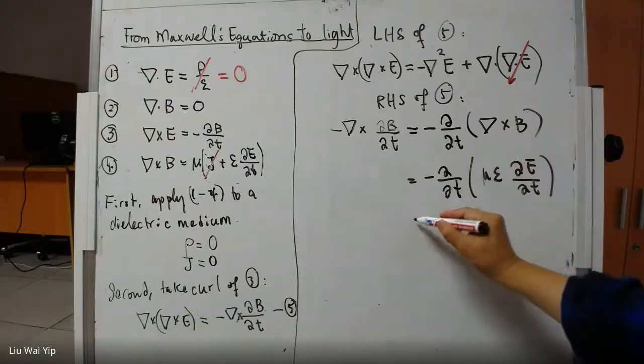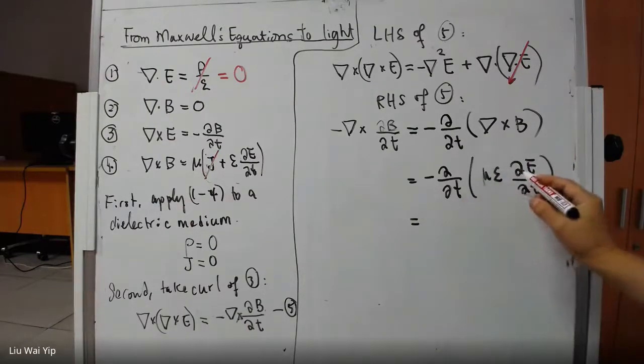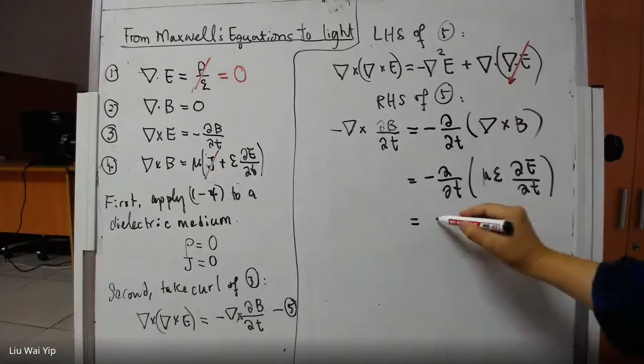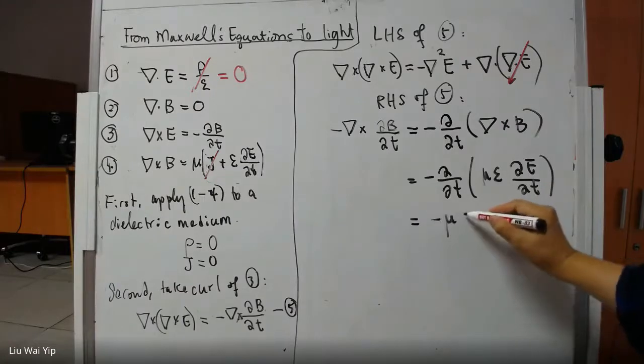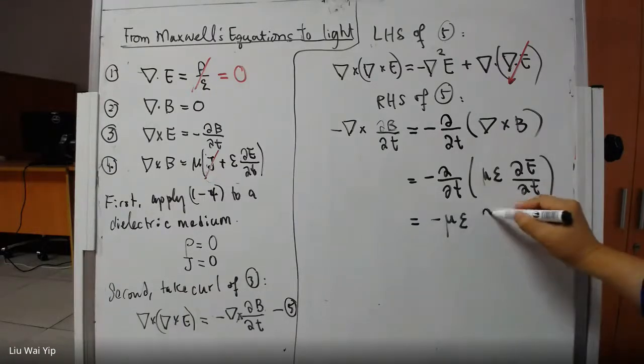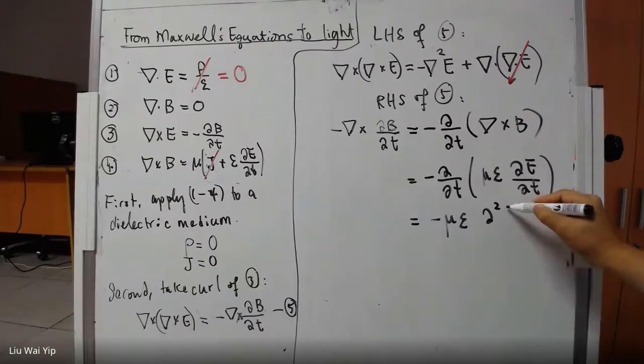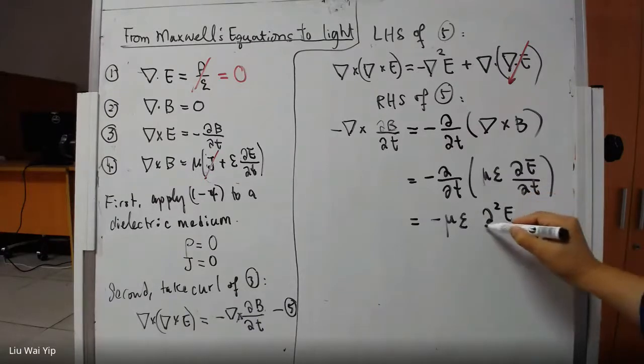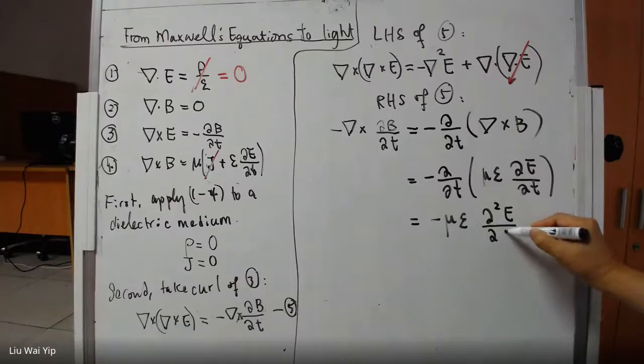So eventually, the expression can be further simplified into minus mu epsilon and then the second time derivative of the electric field.